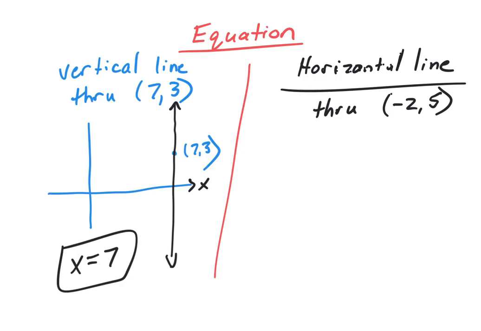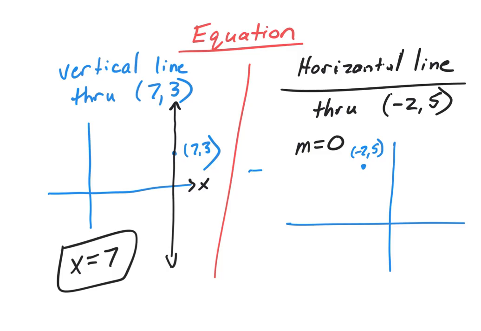So in this case, we know the slope is 0. Okay, we don't know the y-intercept because we just have some random point, -2, 5. But once again, if you were to graph this, -2, 5 would be something like up here, left 2 and up 5.